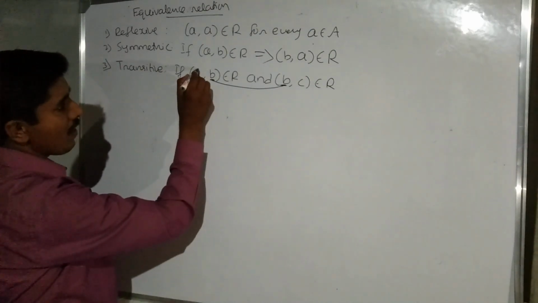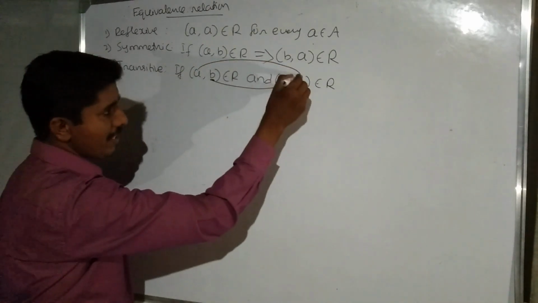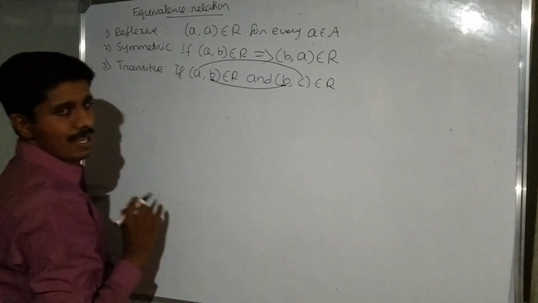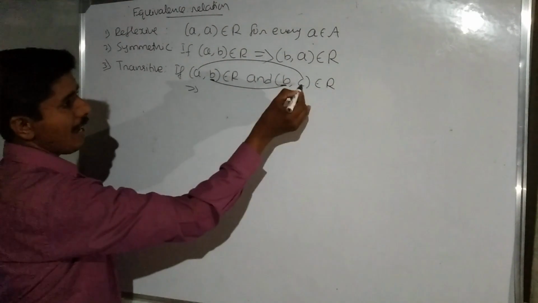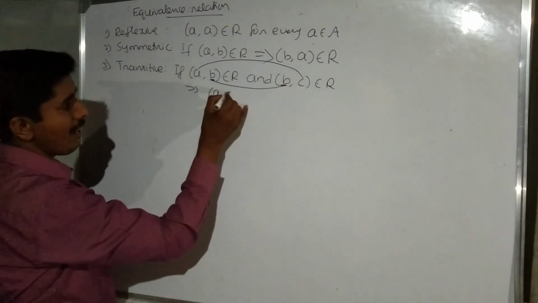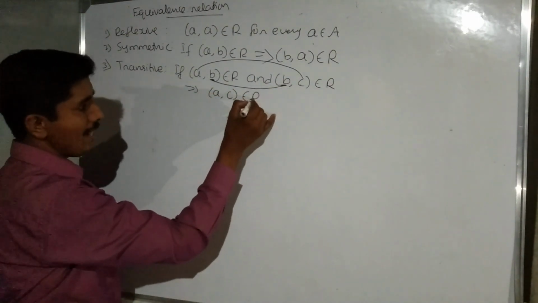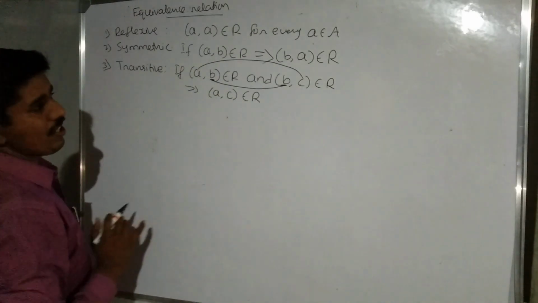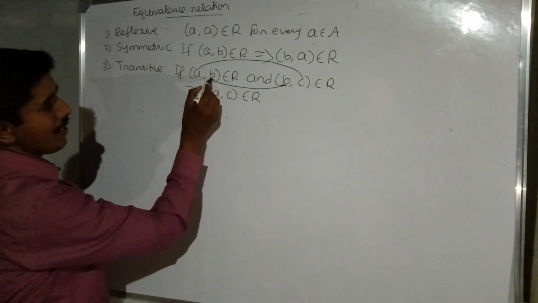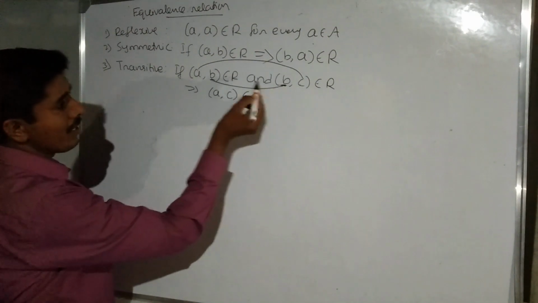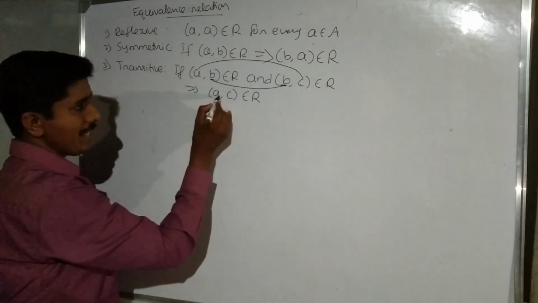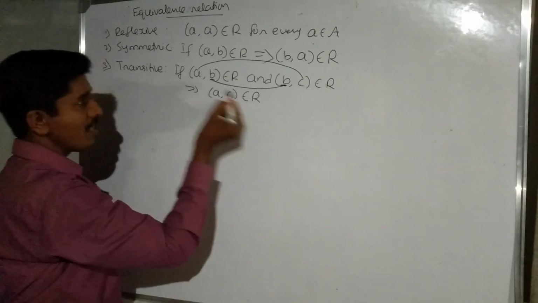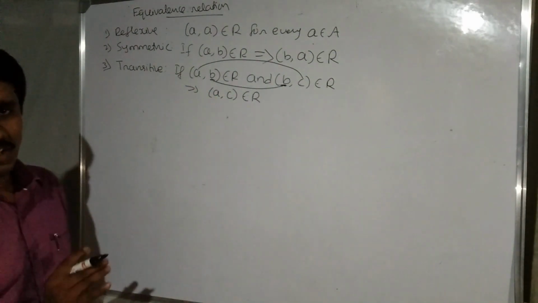Here first element of first ordered pair is related to second element of second ordered pair. Then that is A comma C. A comma C belongs to relation means relation is transitive. Your middle elements are equal, your second element equal to your first element, then your first element is related to your last element C. A comma C belongs to relation means relation is transitive.